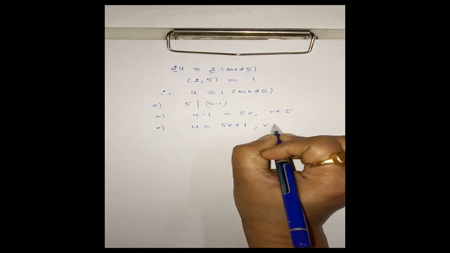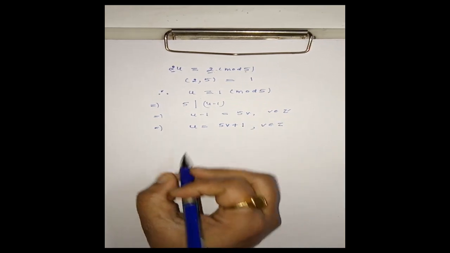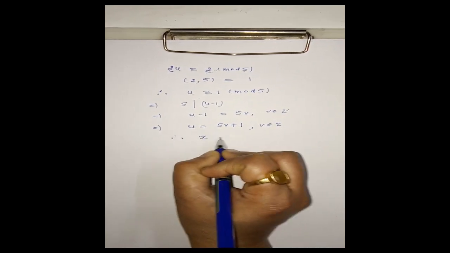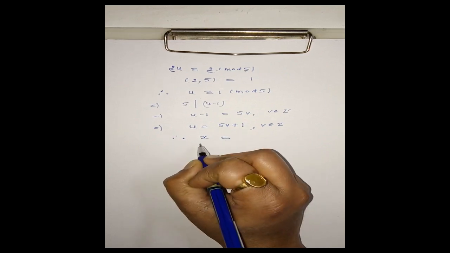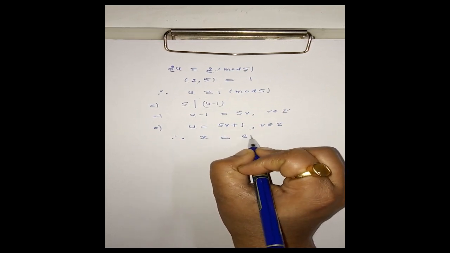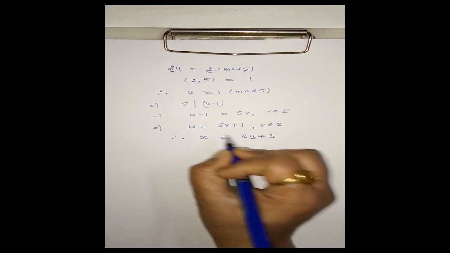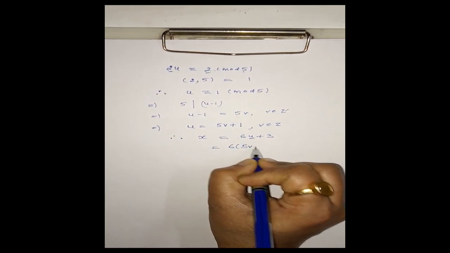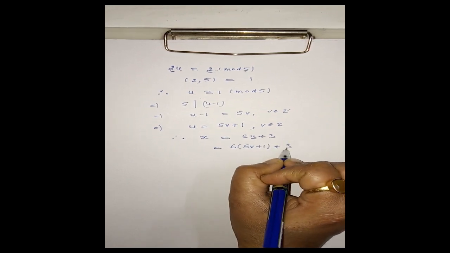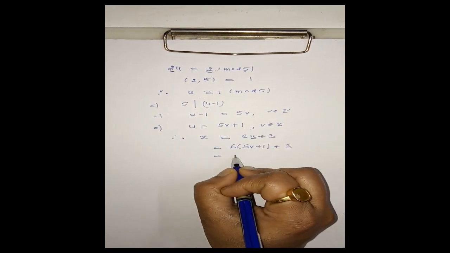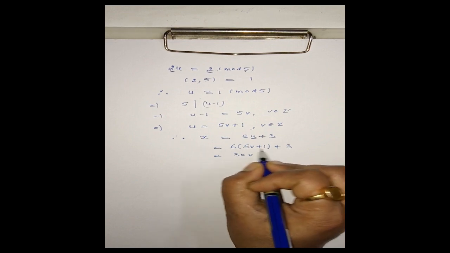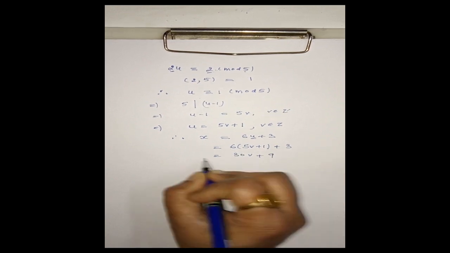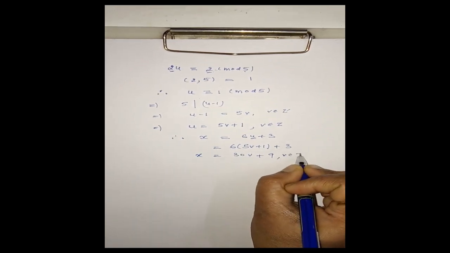Now, substituting the value of u in x, we have x was 6u plus 3. So 6 into 5v plus 1 plus 3. That means 6 fives are 30, and 6 plus 3 is 9, where v is an integer.